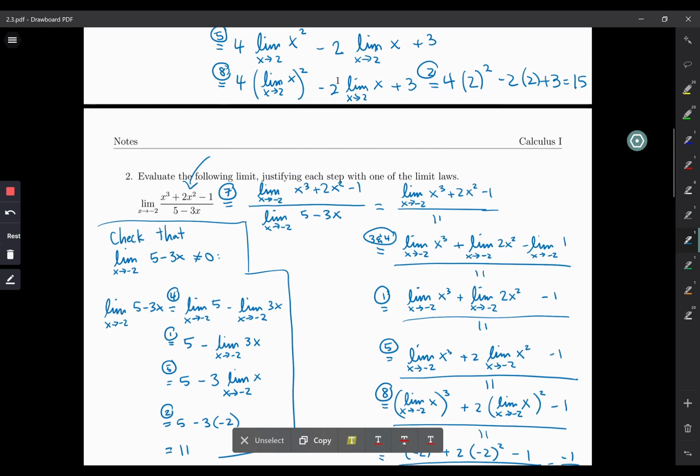So this, a ratio of two polynomials, is called a rational function.